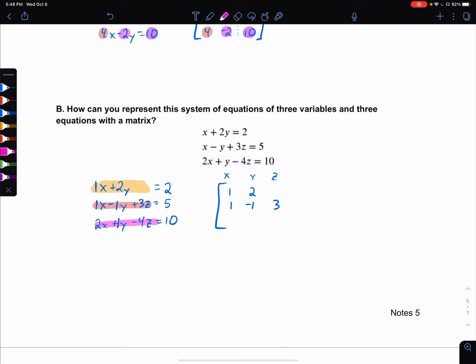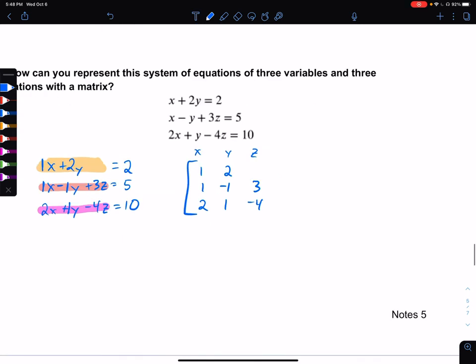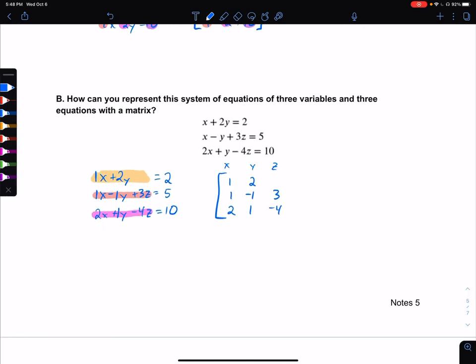And then finally here, I would take the 2, +1, -4. Now notice that the z term is missing. We need to fill that in, so there needs to be a 0 there. Think of it as a placeholder. So these three numbers get matched up from there.